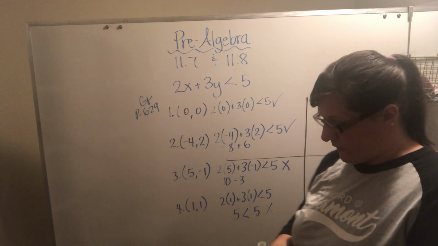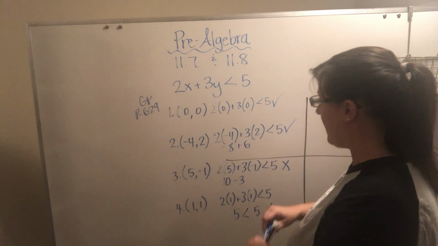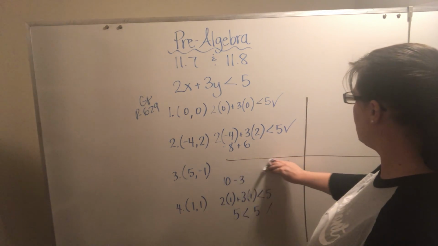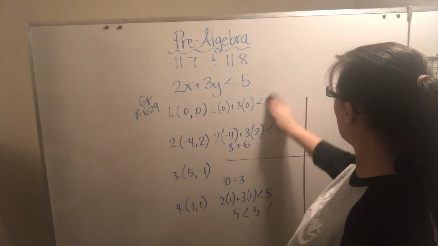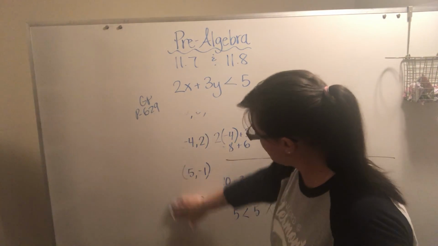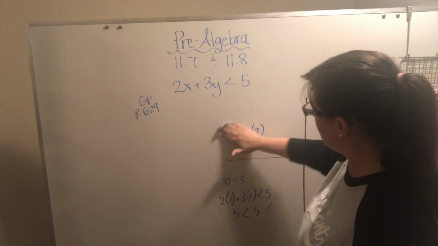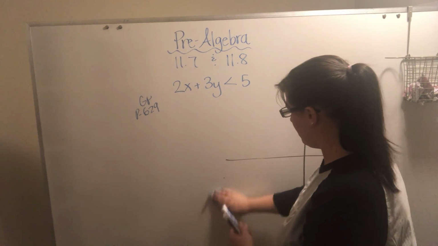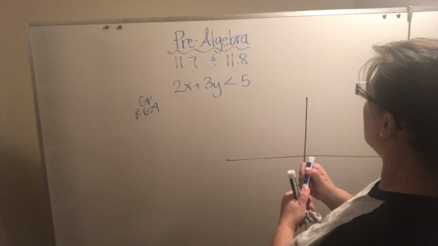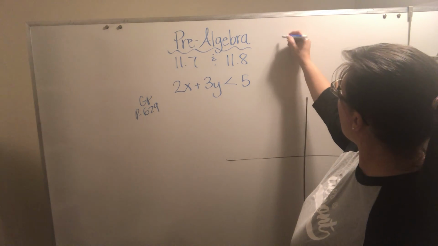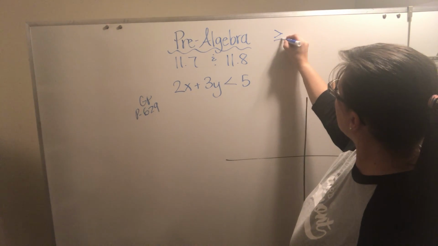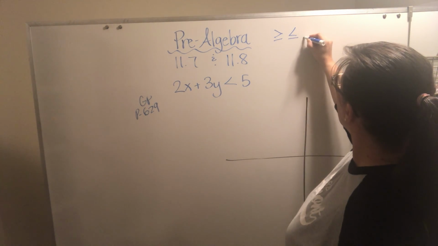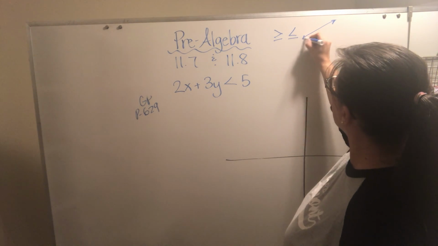When we graph these lines, if we have an inequality that just has a less than or a greater than sign, I'm going to show you there's a difference. Again, great idea if you're writing these examples down. If I have greater than or equal to, or less than or equal to, then I graph a solid line.